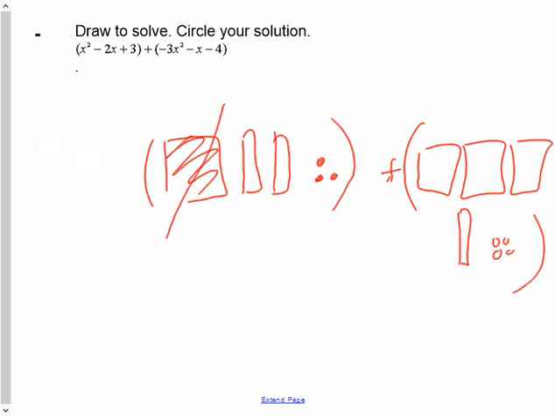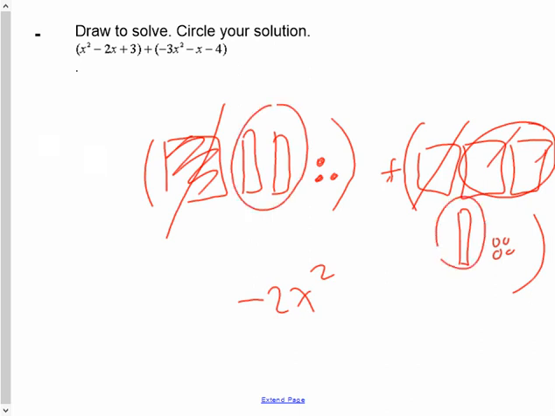So this x squared and this negative x squared are going to make an algebraic zero pair, leaving me with negative 2x squareds here. So they're gone now. These two negative x's and this negative x are not going to make any zero pairs, but combine to be negative 3x. They're gone. And the positive 3 and the negative 4 are going to combine to make 3 zero pairs, leaving you with just a negative 1 left.